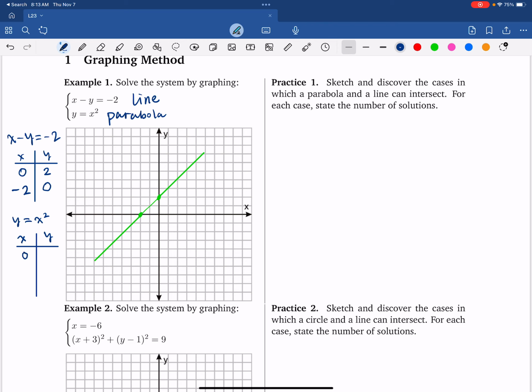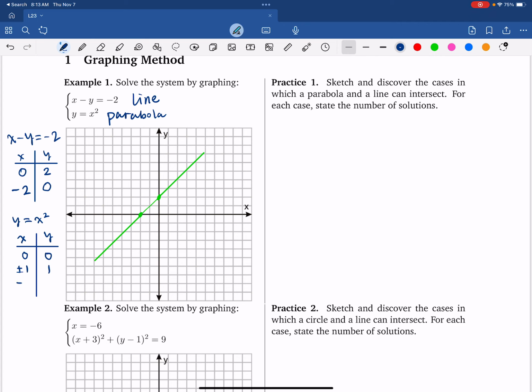And then I'm definitely going to start with 0 as before. So if my x is 0, then this part will be 0. So it's basically gone. And that means the y is also 0. And then since this one is y equals x squared, I could make a few points by doing plus minus. So I could make x equals 1 and -1. And when you square this value, your y is also 1.